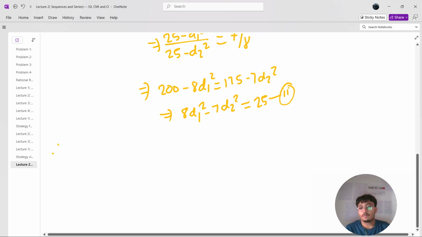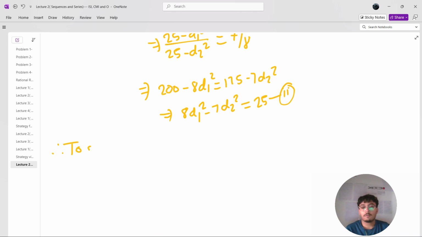Now we need to solve them. Think how we can solve them. I'm going to write the equations up here. One equation is 8 D1 square minus 7 D2 square equals 25.